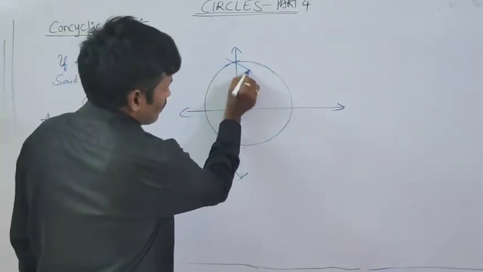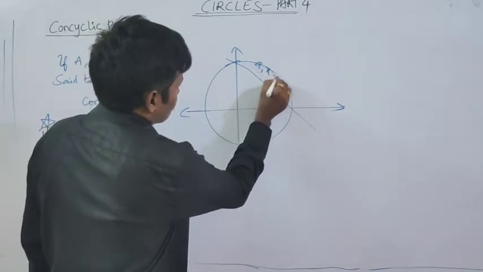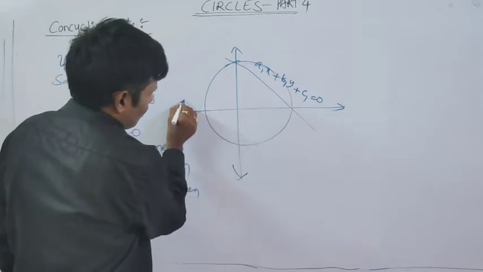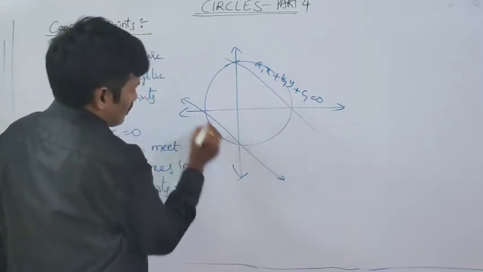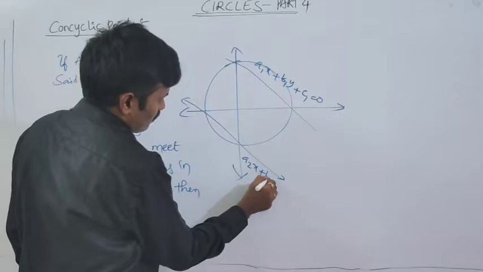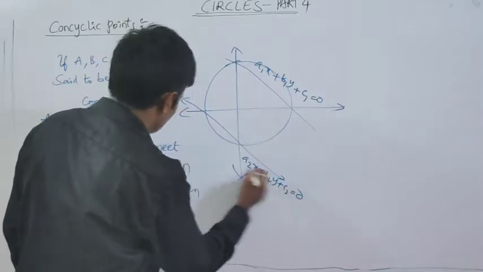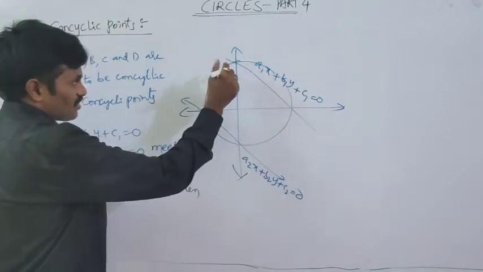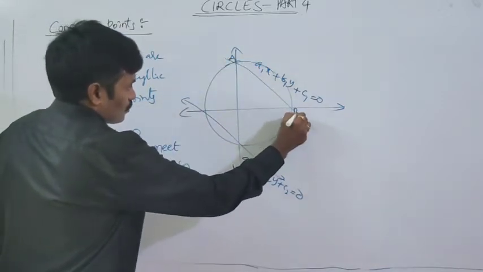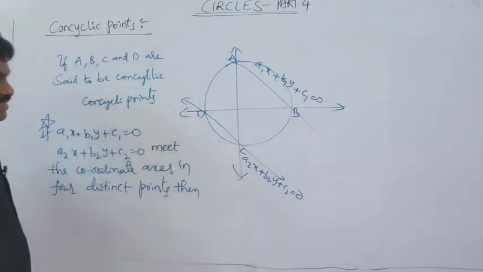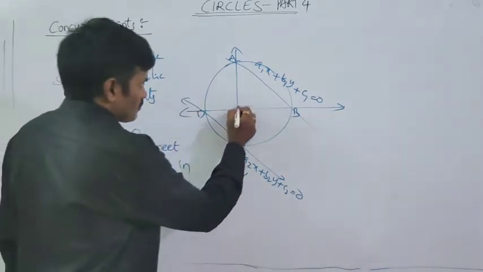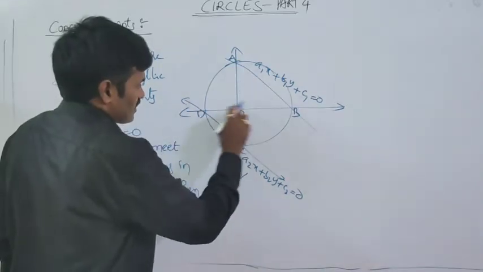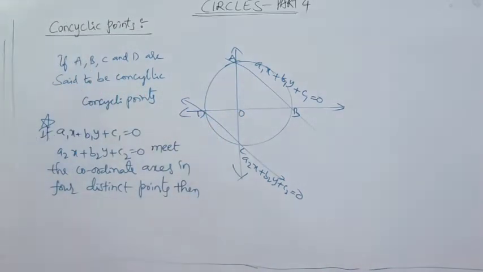One line is a1x plus b1y plus c1 equal to 0, and another line is a2x plus b2y plus c2 equal to 0. These two lines are intersecting the coordinate axes at 4 distinct points. See, 1, 2, 3, 4 distinct points. The point where the coordinate axes intersect we consider as the origin O.